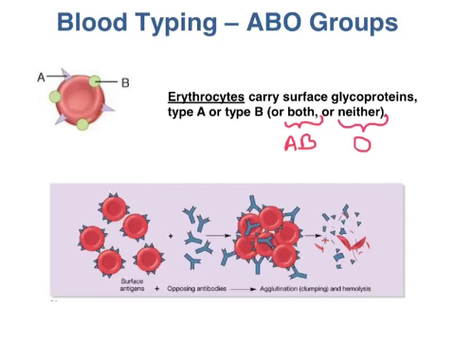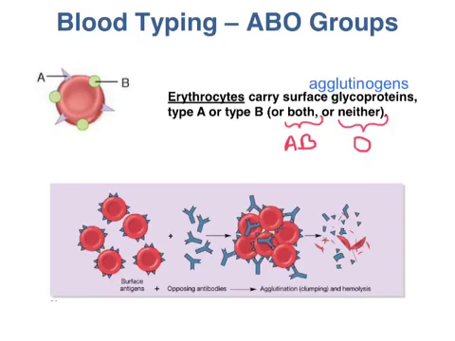These glycoproteins are sometimes called agglutinogens. So, you have type A agglutinogens, type B agglutinogens. If you have both types, your blood type is AB. If you have neither, your blood type is type O. Type O is the absence of A agglutinogens and B agglutinogens.